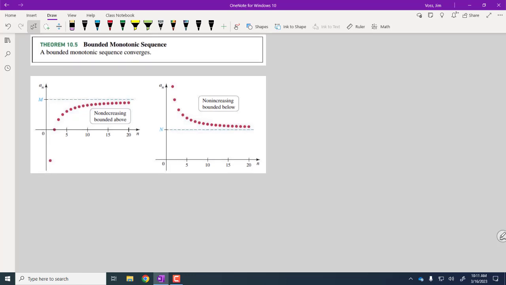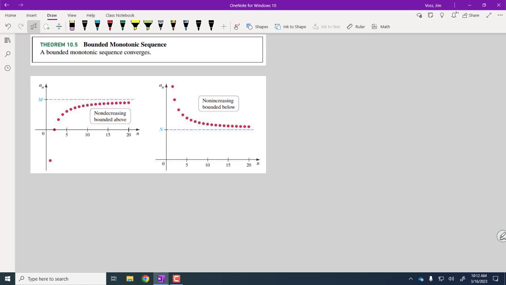Little theorem here. If we have a bounded monotonic sequence, it must converge. And again, for monotonic, just think increasing or decreasing. Don't bother with the non-increasing, non-decreasing business. So we have an increasing sequence. If it is bounded above, that increasing sequence must have a limit. There's nowhere for it to go. If it's bounded above and it's increasing, it can't pass through whatever the least upper bound is.